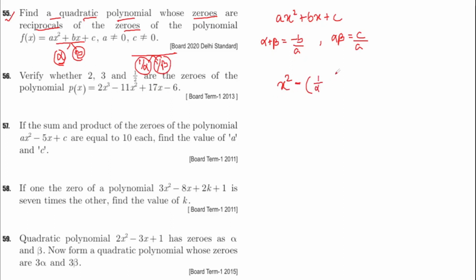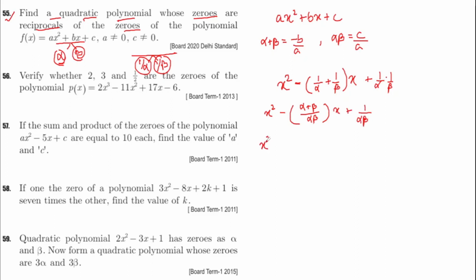Here the zeros are 1 by alpha and 1 by beta, so the sum of zeros will be 1 by alpha plus 1 by beta, and the product of zeros is 1 by alpha into 1 by beta. So x square as it is, minus alpha plus beta divided by alpha beta x, and plus 1 into 1, that is 1, divided by alpha beta.